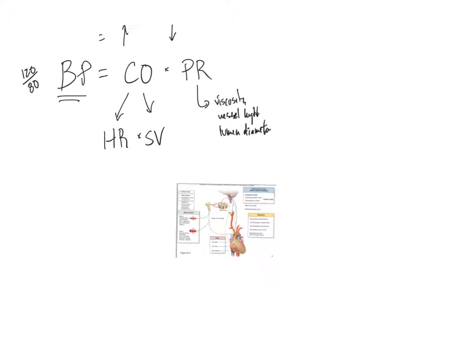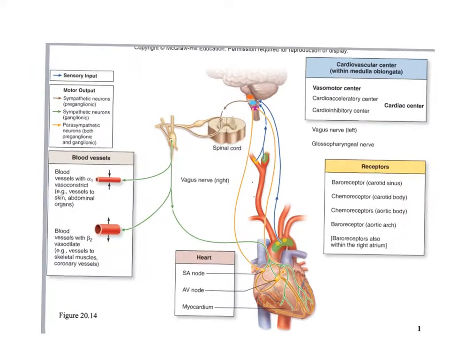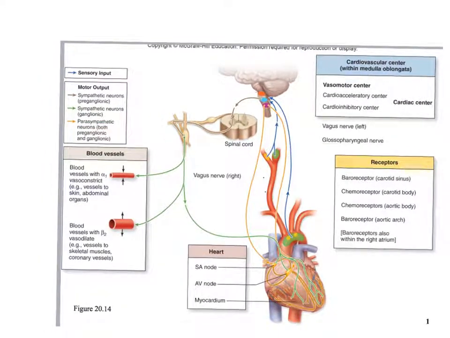So let's talk about one of them. Nervous system input can control a couple of different things. If you look up to the top right-hand corner, the cardiac center, what do you think that controls? Heart rate. There are ways to increase heart rate and decrease heart rate, which will change cardiac output.